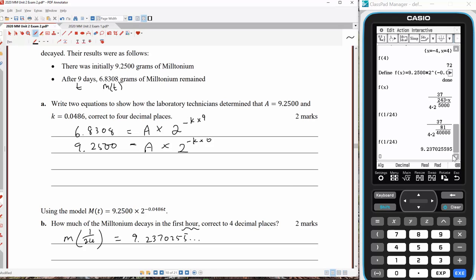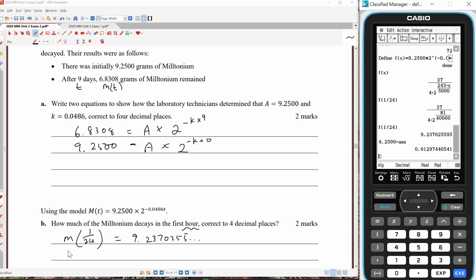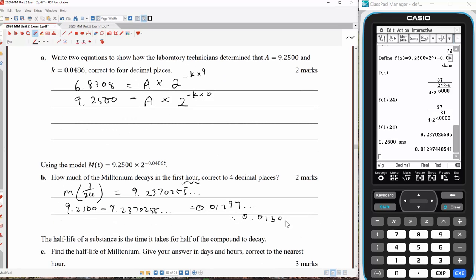That says how much is left, so what we need to do is grab the original amount, which is 9.2500, and remove that. Four decimal places, 0.0130 grams.